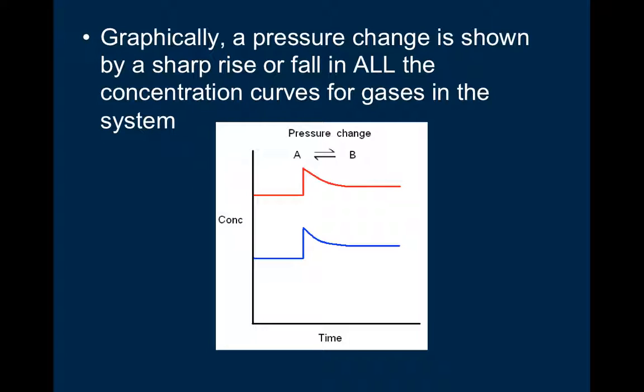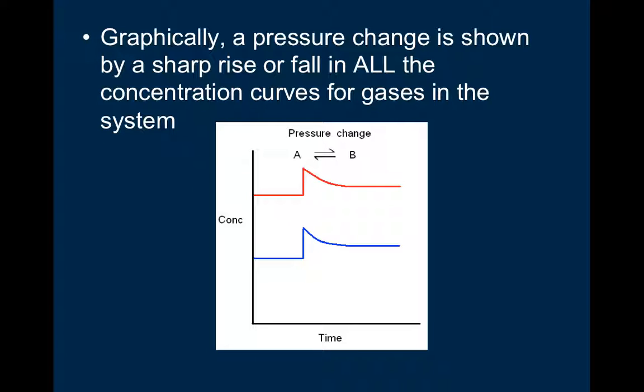Now, we're seeing both the concentration of A and B rise. Remember, A is the red, B is the blue. If we're talking about whether or not these two are gases, they've both been affected in this particular instance.